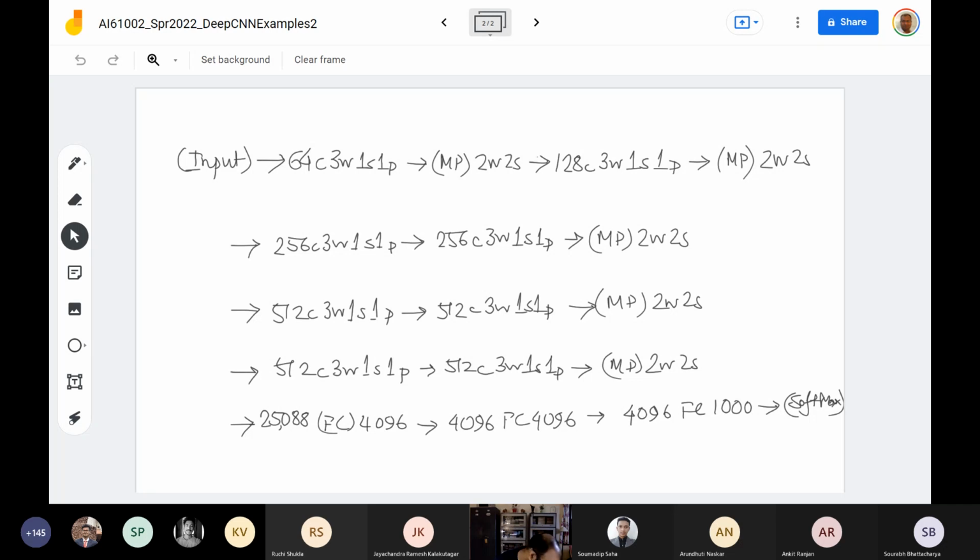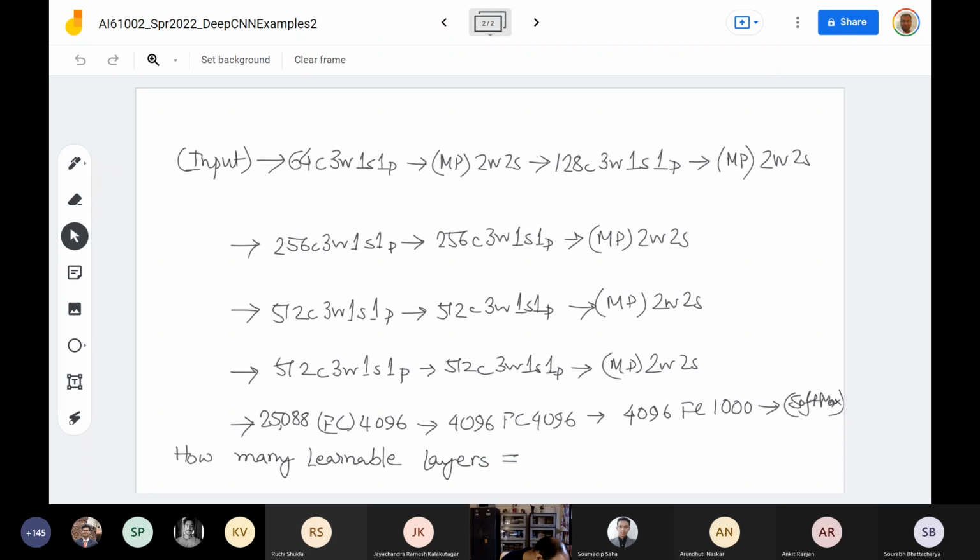Okay. So now the point over here is, can you tell me how many learnable layers are over here? 11, sir. Okay, so let us count.